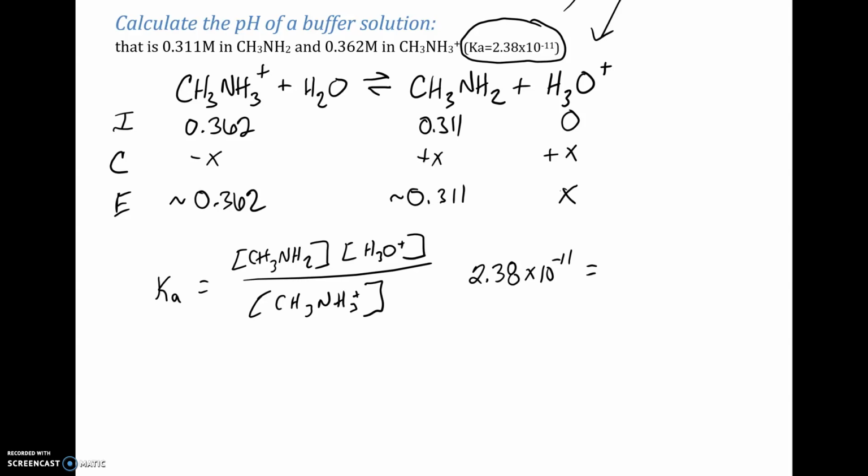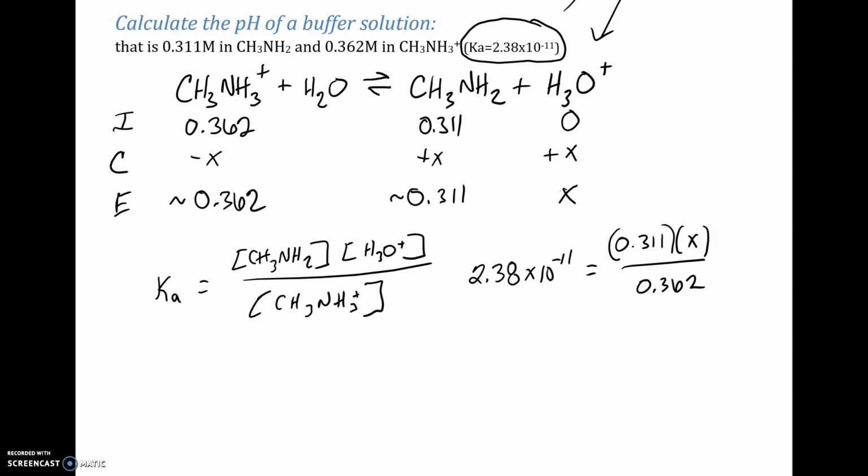So there's our K value, and our products over reactants, we've got 0.311 times x divided by our 0.362, and this is our K for this hydrolysis reaction. So I'm going to assume that you can do this algebra, and so essentially what we're going to do is solve for x.